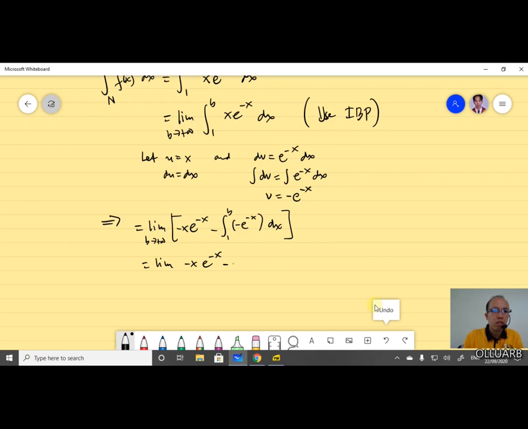This is e to the negative x evaluated from 1 to b, as b approaches positive infinity.